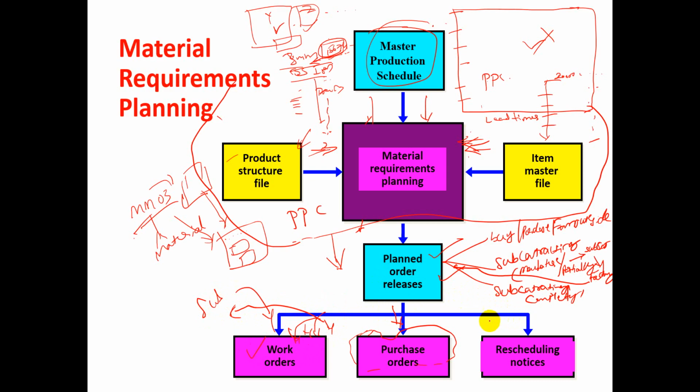Another thing is rescheduling notices. This is very important. Sometimes customer X initially wants delivery in December, and due to delay or prepone, they may ask very quickly, or sometimes they say they need some time to take the machinery after fabrication.